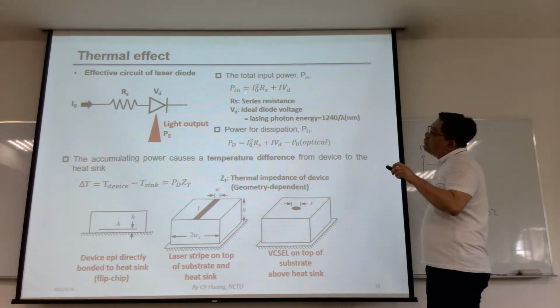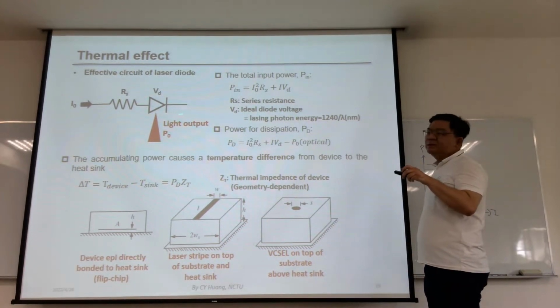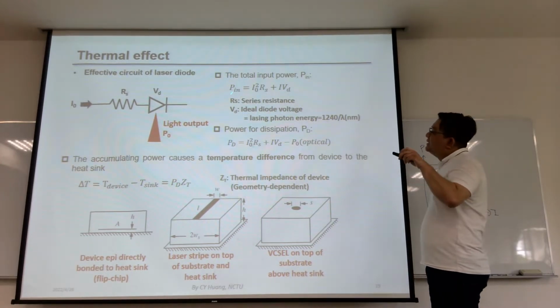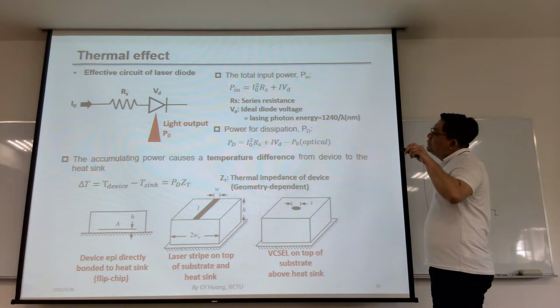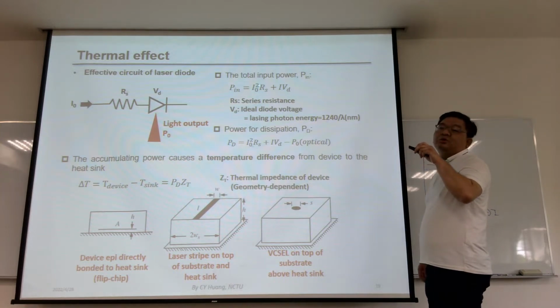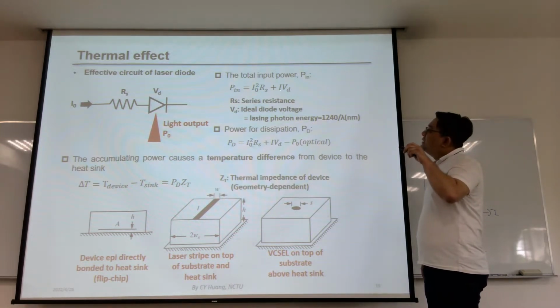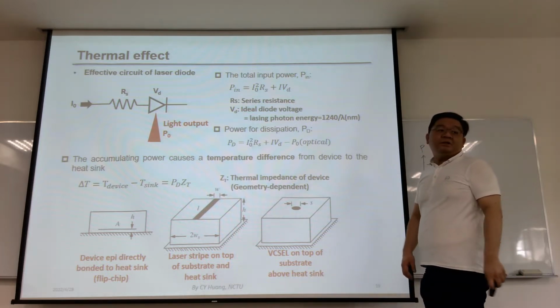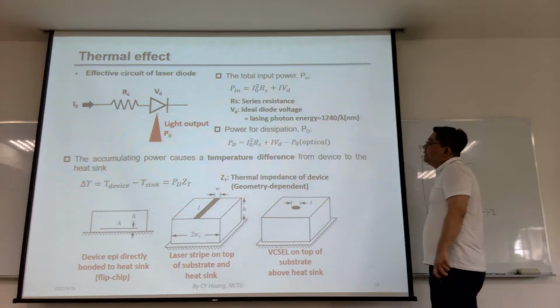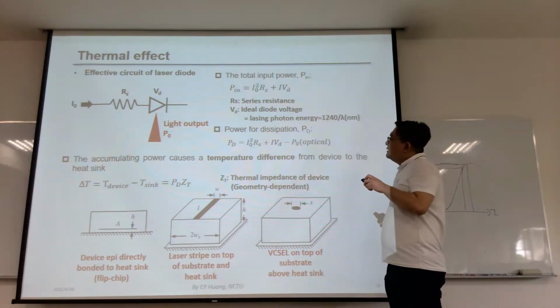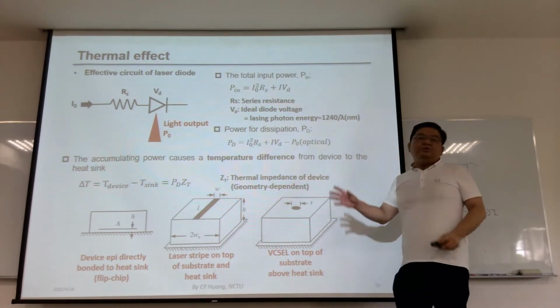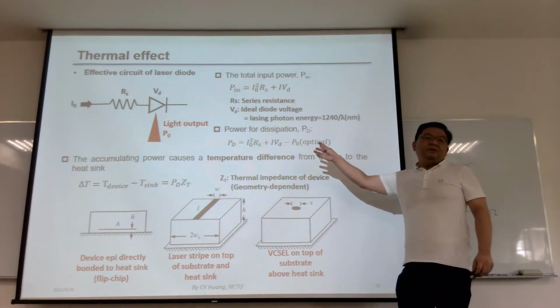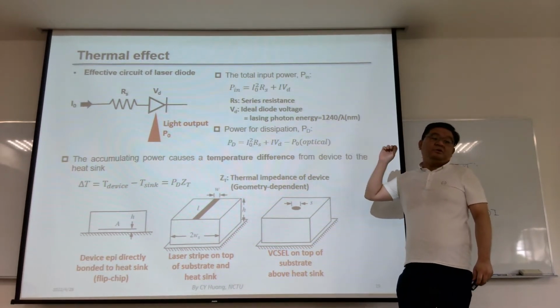So the total power inserted into this device will be I0 squared times Rs, the joule heat, plus I0 times VD, where VD is the diode voltage. And part of the energy will be transferred as photon energy.